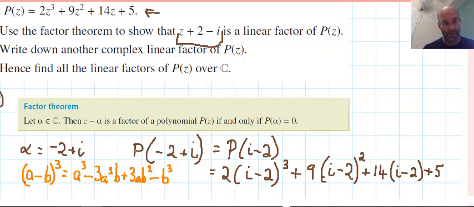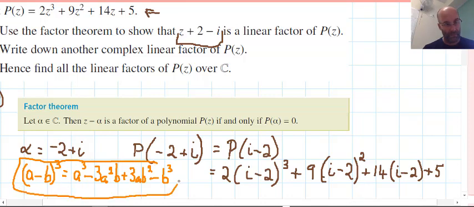That's one to know. As a rule of thumb, I'd learn expansions up to this here, or be able to use Pascal's triangle for a plus b or a minus b up to that. That should cover you for the work we're going to do.